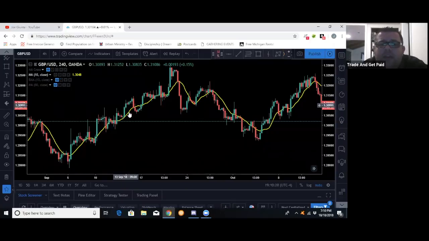Because of that, your moving average is going to act as a moving support or resistance line. When it's a bullish move, it's going to test to the downside. When it's a bearish move, it's going to test to the upside.